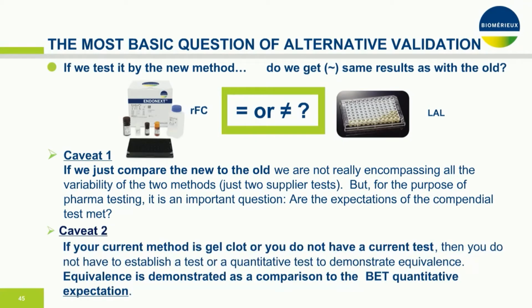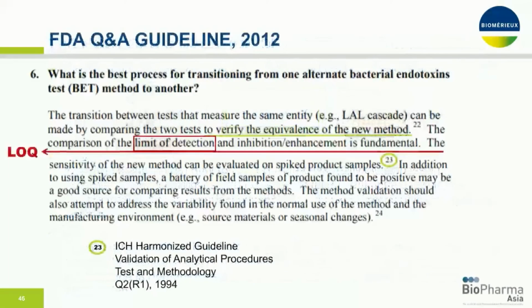So if you don't have a method, or if your current method is gel clot, you don't have to set up a method. You establish the new method according to the expectations of the BET compendial test. So that's a little confusing for users, that they think they have to test side by side. Although we're going to see something that looks like a contradiction, but it's not quite, here in a minute.